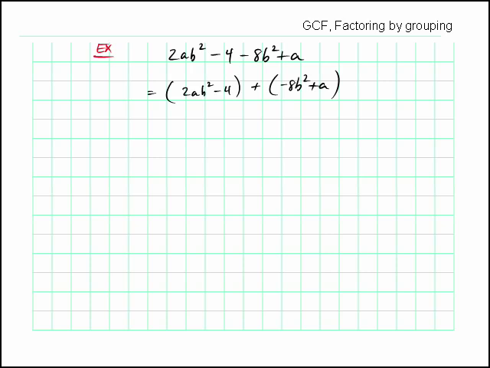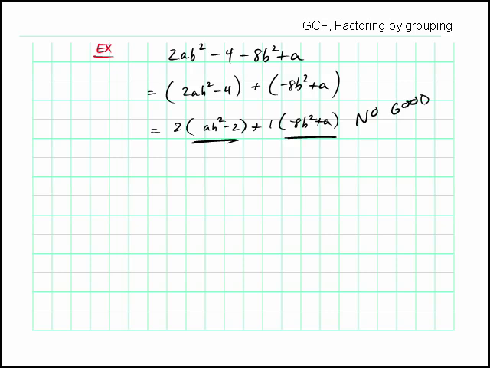I can factor a 2 out of the front, but I have nothing other than a 1 that I could factor out of the second group, and this isn't working because this and this are not the same. So no good. This arrangement of terms isn't working for me.